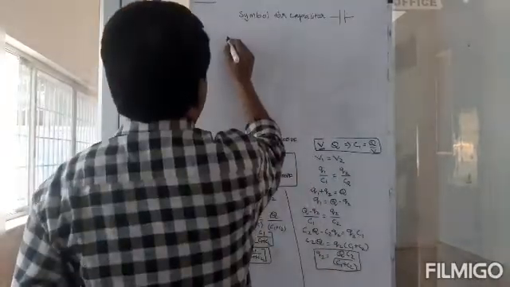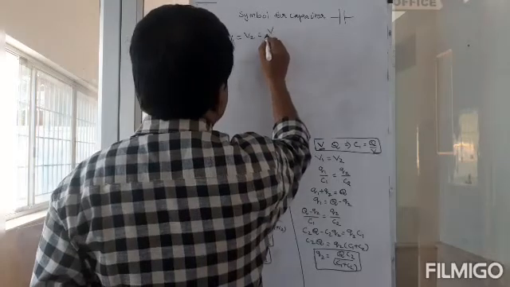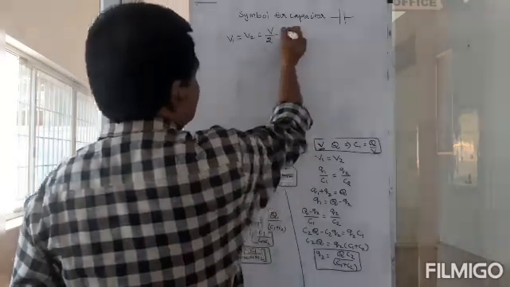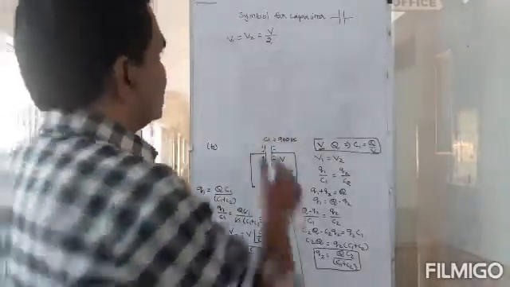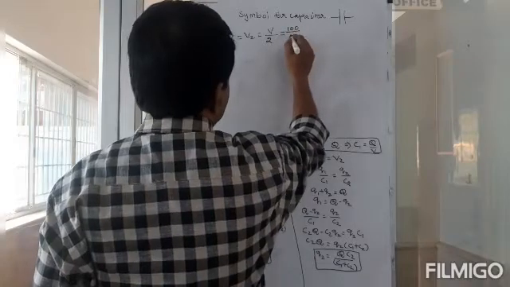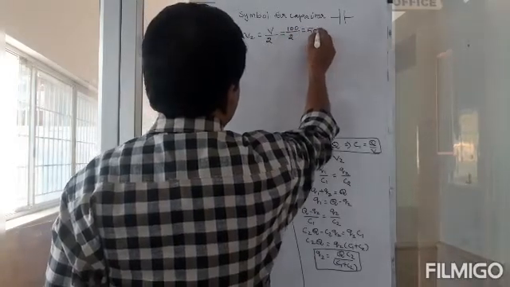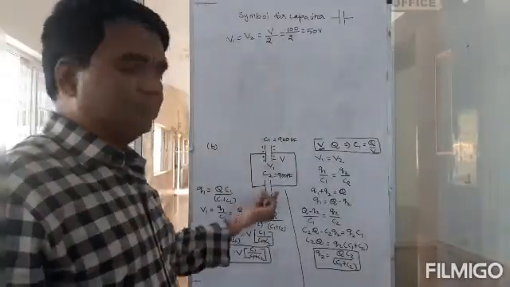So V1 is equal to V2 is equal to V by 2, because C1 by 2 C1 same thing. So V by 2. So that is equal to 100 by 2, 50 volts. Okay. So you will have 50 volts here.